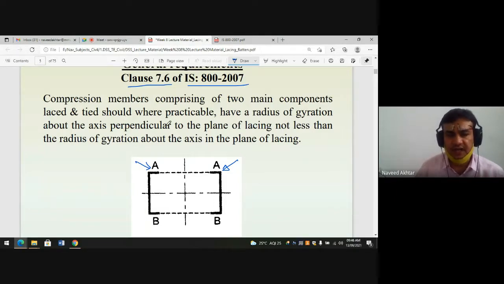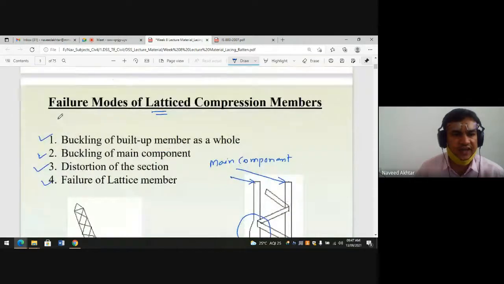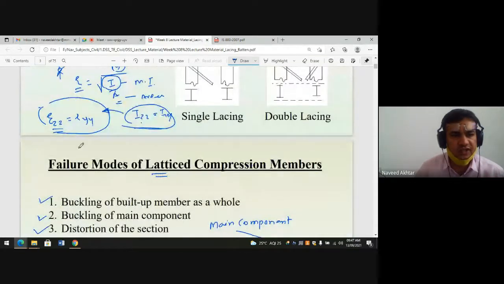Wherever we can tie, generally, this is called the lacing system. It should have a radius of gyration about the axis perpendicular to the plane of lacing not less than the radius of gyration about the axis in the parallel plane. This is what I told you here: the radius of gyration about the two axes should be the same.